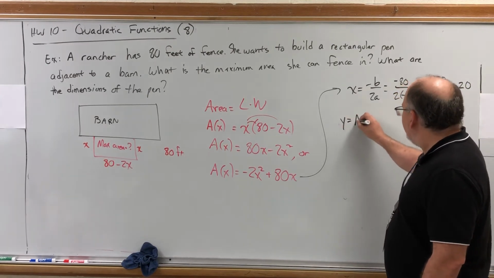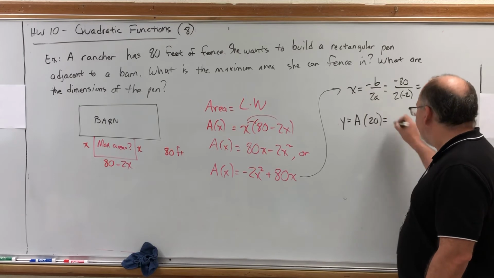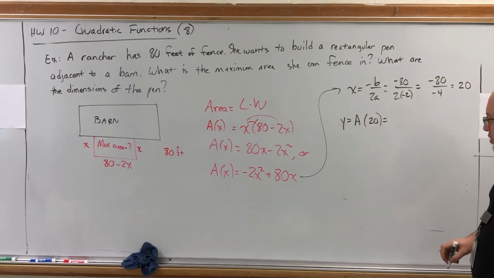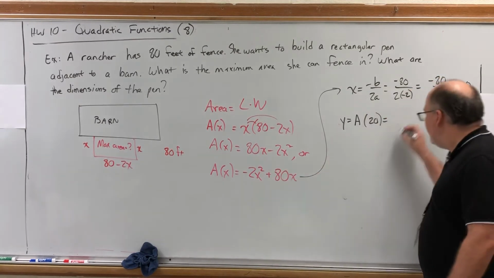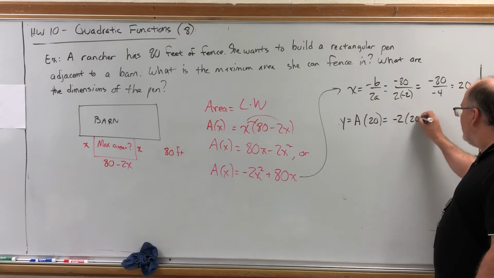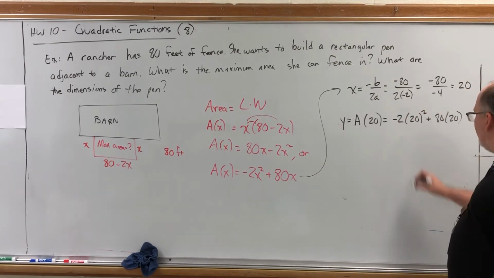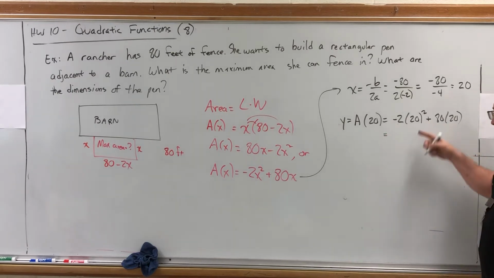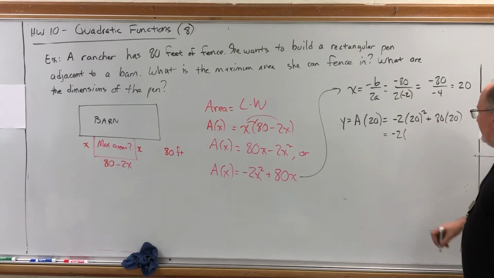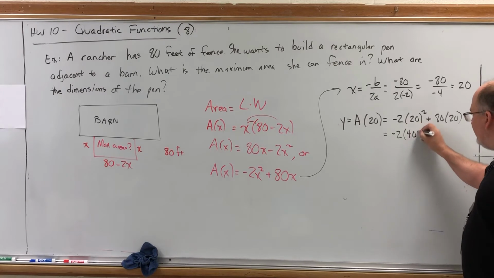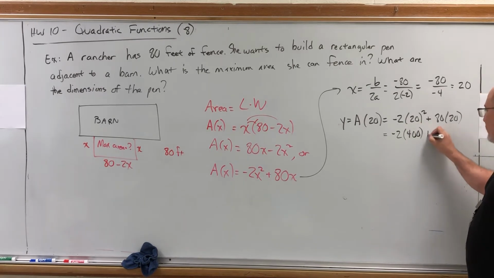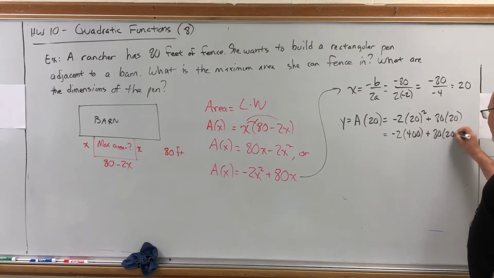We just have to substitute the 20 into the function. So let's go to the one down here. Negative 2 times 20 squared plus 80 times 20. Exponents first. 20 squared is 400. So we have negative 2 times 400 plus 80 times 20.